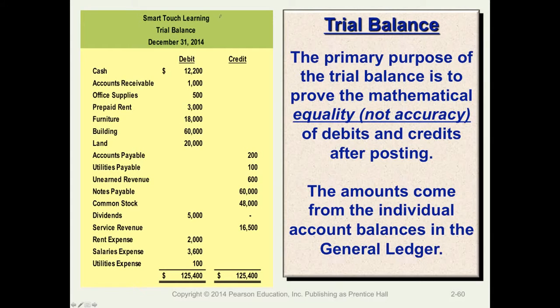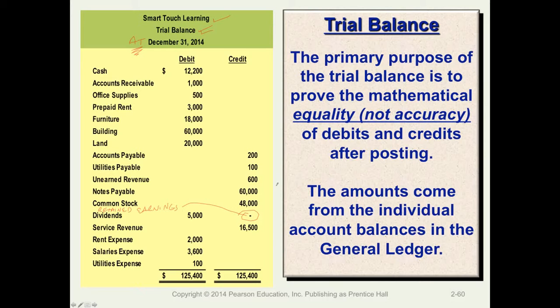Notice again, like as we've been saying, it's not a financial statement, but it is a tool. You'd have to put the company name, the trial balance, and this is a position, just like the balance sheet in a way. It's a stock statement, so it's at a point in time. Now again, I just want to make sure that you realize that in here, we're still assuming that Smart Touch has a zero balance of retained earnings.